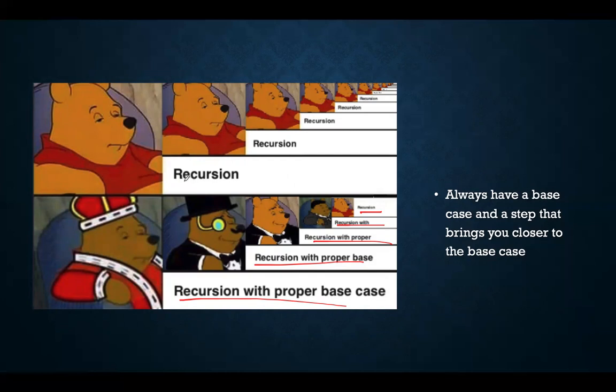You just have infinite recursion because you didn't reduce your problems. You didn't have smaller problems each time. So you will just keep looping, keep recurring, keep calling your recursive functions.